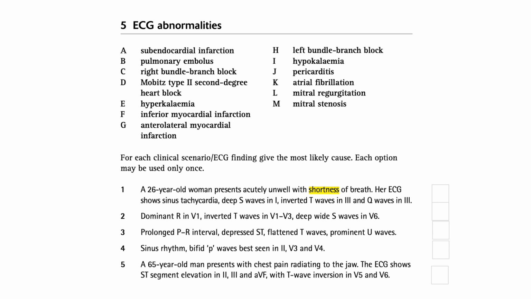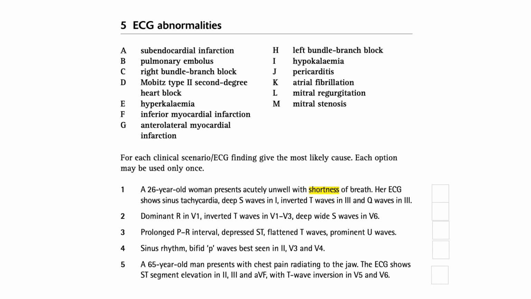So we've got some written questions now. A 26-year-old woman presents acutely unwell with shortness of breath. Her ECG shows sinus tachycardia, deep S waves in lead 1, inverted T waves in lead 3, and Q waves in lead 3.